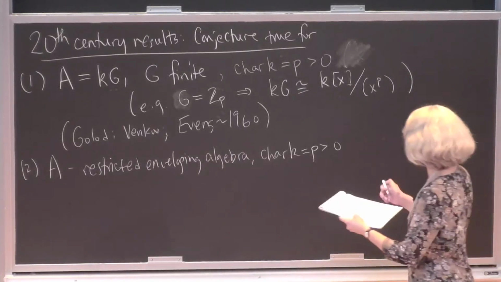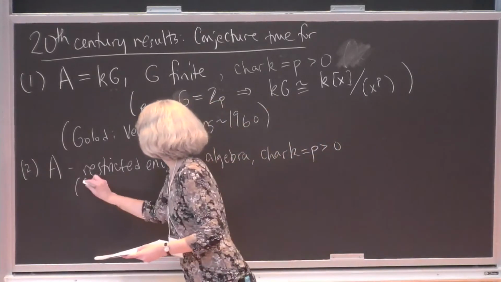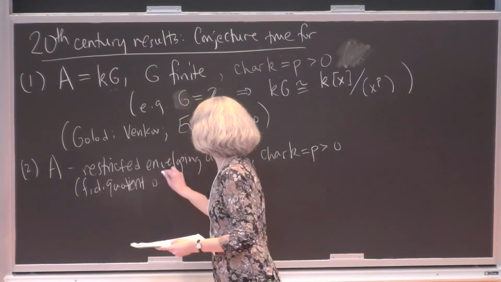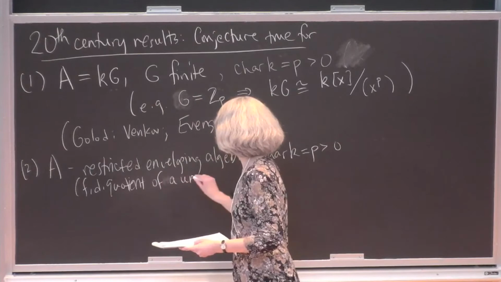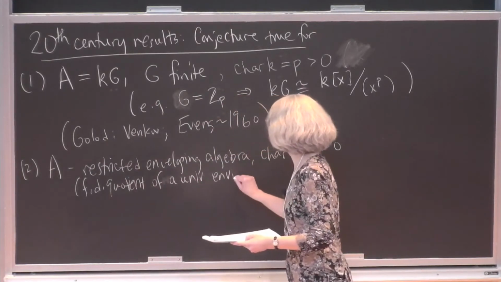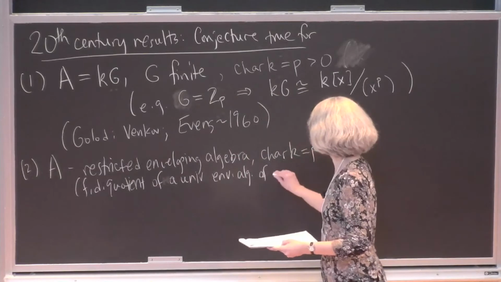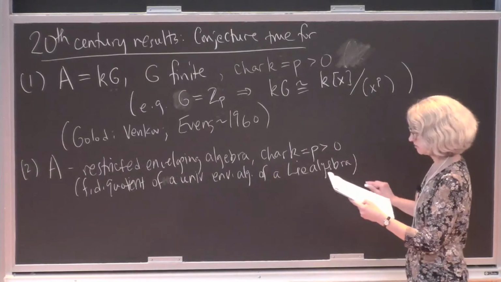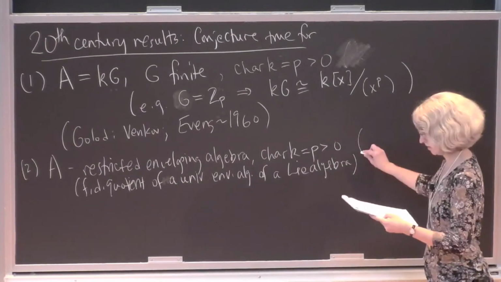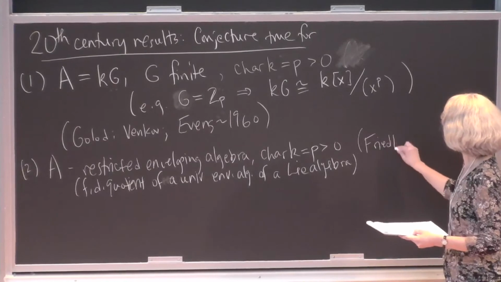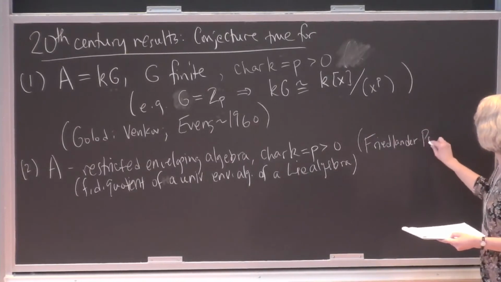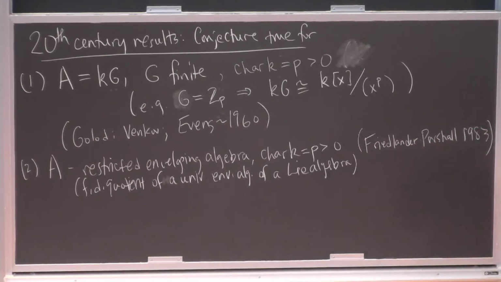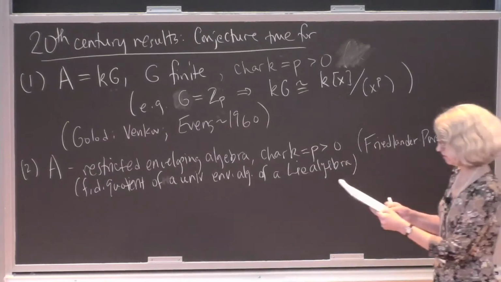It will be a finite dimensional, maybe I should just say it's a finite dimensional quotient of the universal enveloping algebra of a Lie algebra. And this is work due to Friedlander and Parshall in 1983. Okay. So those were some early results.